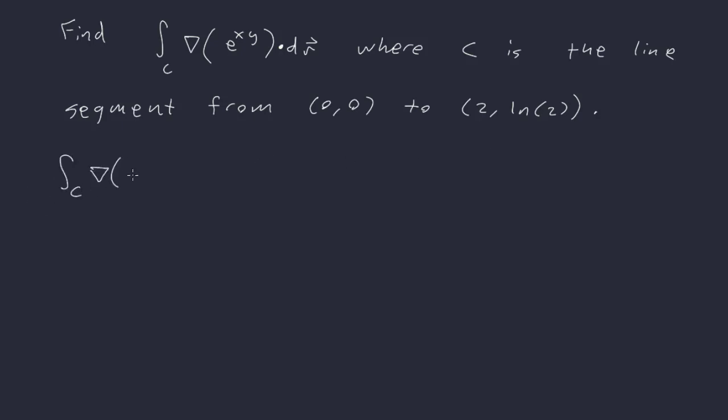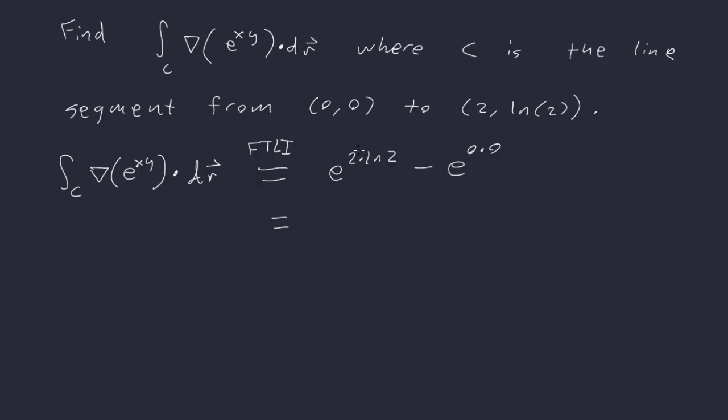Don't even bother doing any extra work here, because we're already told that we have a conservative vector field, right? So by the fundamental theorem of line integrals, this is literally just going to be e to the 2 times ln 2 minus e to the 0 times 0. Right? Because this is our phi.